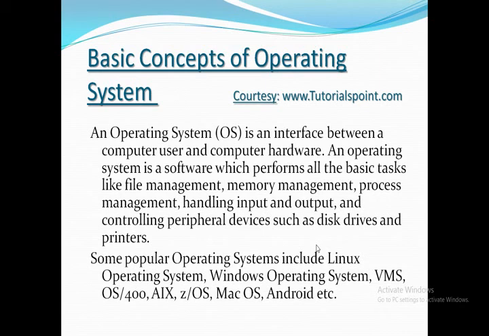It communicates with the user and makes the system understand what the user wants from it. Some popular operating systems include Linux, Windows, VMS, OS/400, AIX, z/OS, macOS, Android, etc.